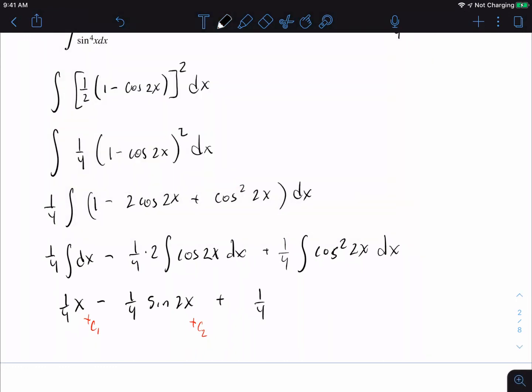This one over here is then going to become 1/2 (1 plus cosine 4x) dx, correct? Because I have to do power reduction to it.